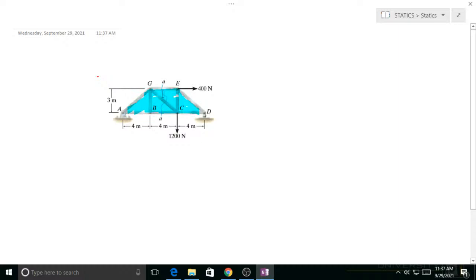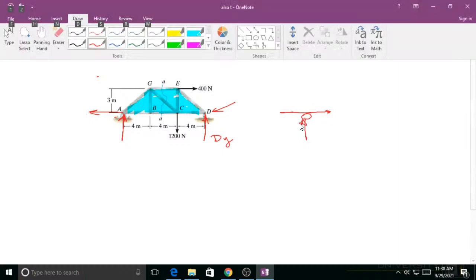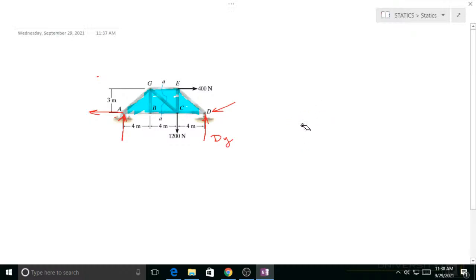And then the question is, what are the forces over here? This one is pinned, so it can take a load here. This one is on a roller ball, so you've got a Dy. Since this one is pinned and bolted to the ground right here, it can take a load this way. This one cannot. Since it's a roller ball, that object can roll back and forth over it. It'll only produce a vertical load. And so that's why they put these little roller balls in here.